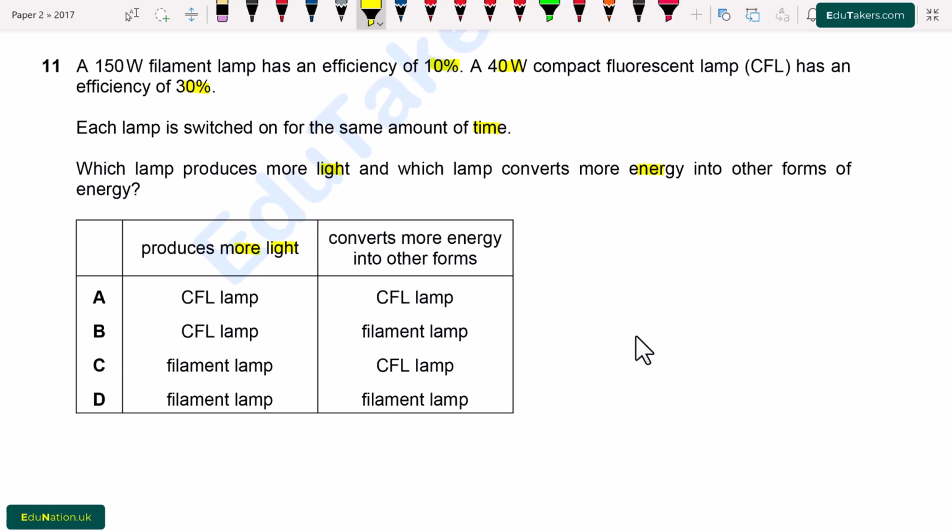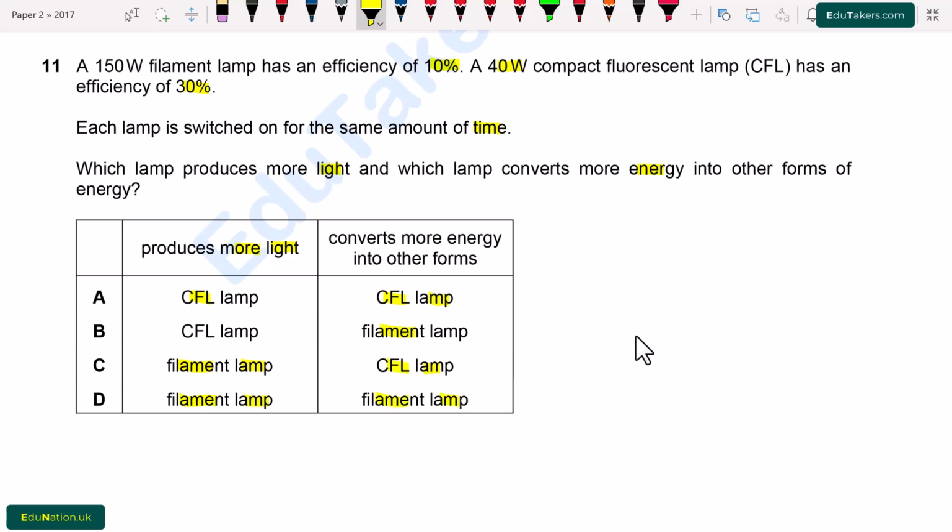Option A CFL lamp, CFL lamp. B CFL lamp, filament lamp. C filament lamp, CFL lamp. D filament lamp, filament lamp.